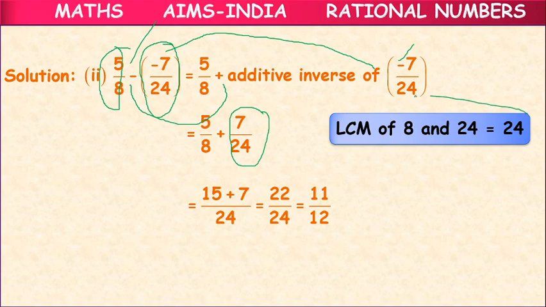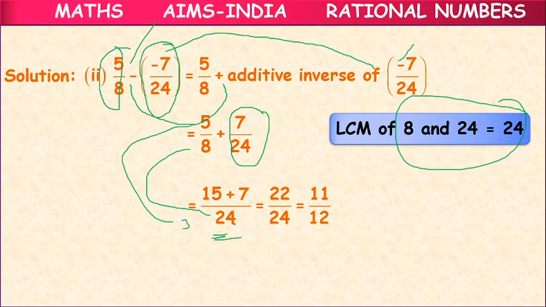Again, the LCM of 8 and 24 is 24. 8 threes are 24. 3 fives are 15, 15 we will write here over 24. 24 ones are 24. 1 seven is 7, 7 we will write here. 15 plus 7, 22 by 24.